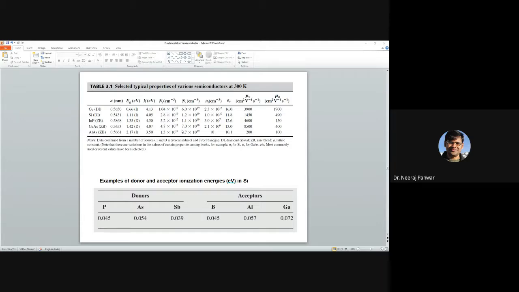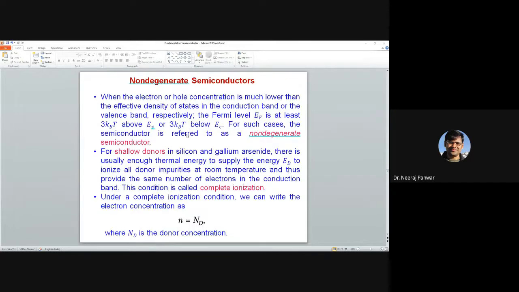They will not have any unusual properties. Their properties will be much like that of ordinary semiconductors. For such semiconductors, the Fermi level lies at least 3 kBT above the valence band edge or 3 kBT below the conduction band edge.